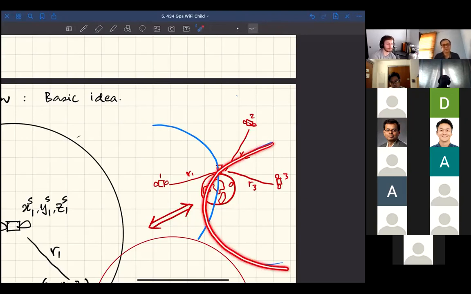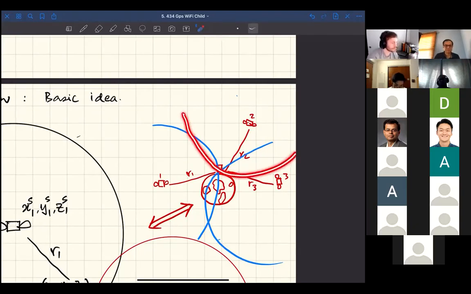Does that make sense? Yeah, no, that makes sense. And so now you do not know if the phone is over here or flying in a plane over here. One of the points is the correct position, but you don't know which. So to resolve that, you need the third satellite, which will give you this circle.